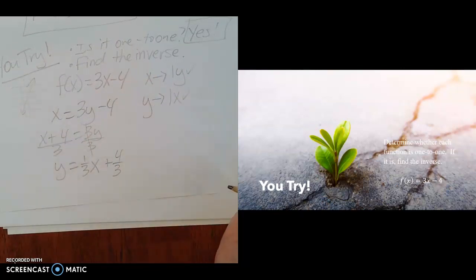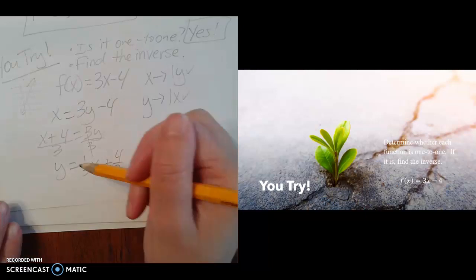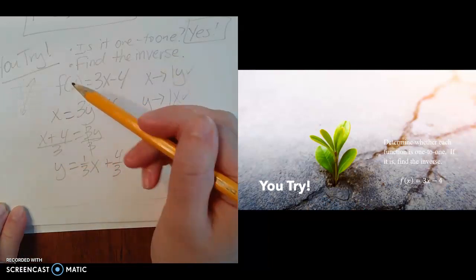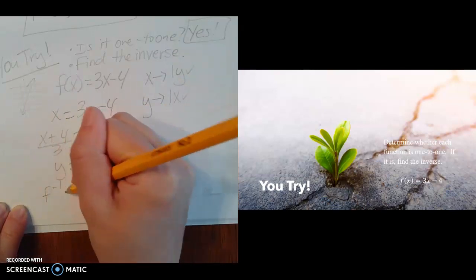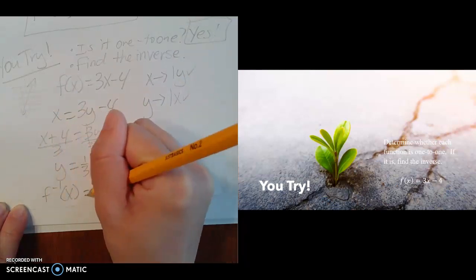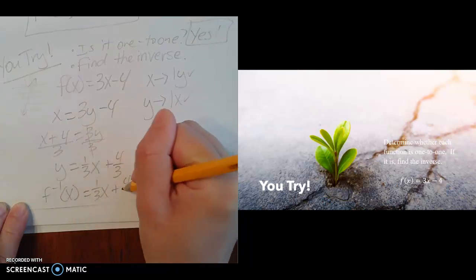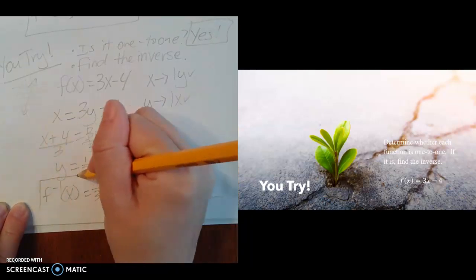Okay, so that's what I would do with this. And then the last thing we'll do is just get it back into function notation. It is the inverse of that f function, so I'm going to use the f inverse of x notation equals 1/3 x plus 4/3. And there's our inverse.